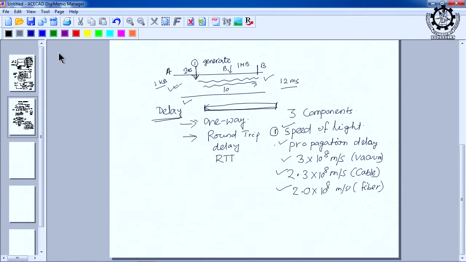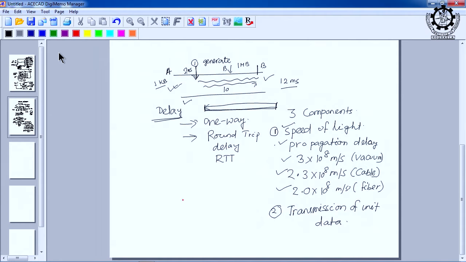The second component is the time to transmit the unit data. This is the actual transmission time, transmission of unit data. This is a function of the bandwidth and the packet size.